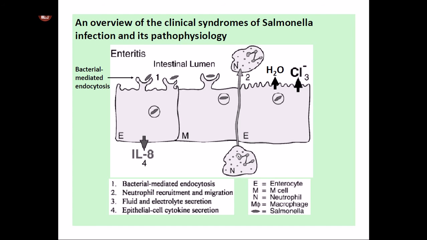Neutrophils now traverse through the epithelial cell lining and come into the intestinal lumen. So you can see the lumen is now filled with water, chloride ions, neutrophils and other molecules. Blood can also sometimes come through due to internal epithelial damage. So watery diarrhea and bloody diarrhea may be caused by this activity of Salmonella.